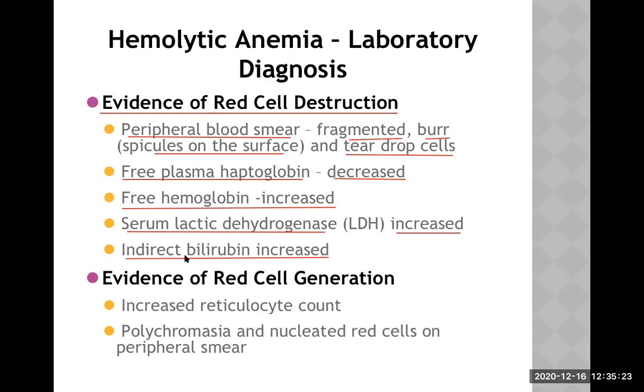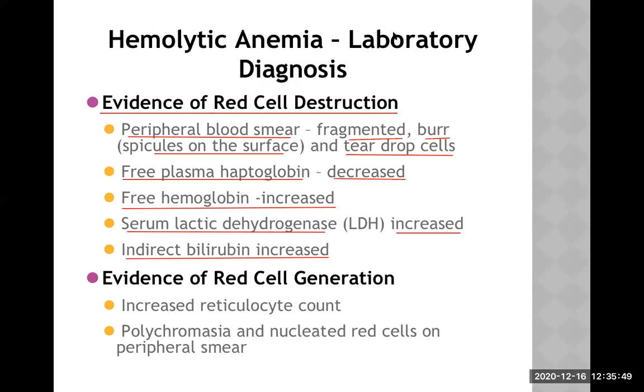This bilirubin is the indirect, unconjugated type, which is high in the serum. If we can utilize this during the investigation, it also tells us that yes, this may be a case of hemolytic anemia. The level of bilirubin is not that high in hemolytic anemia.